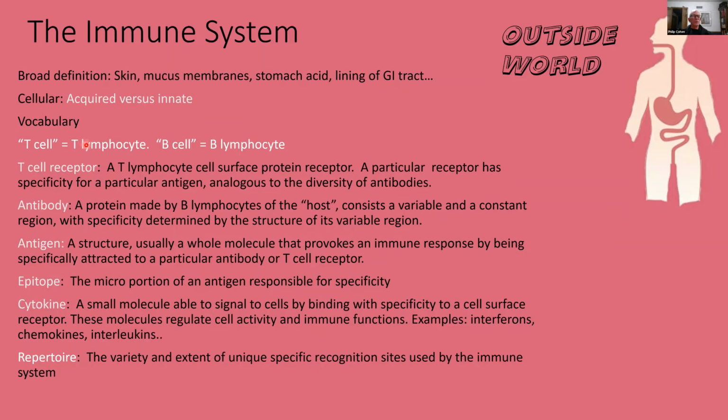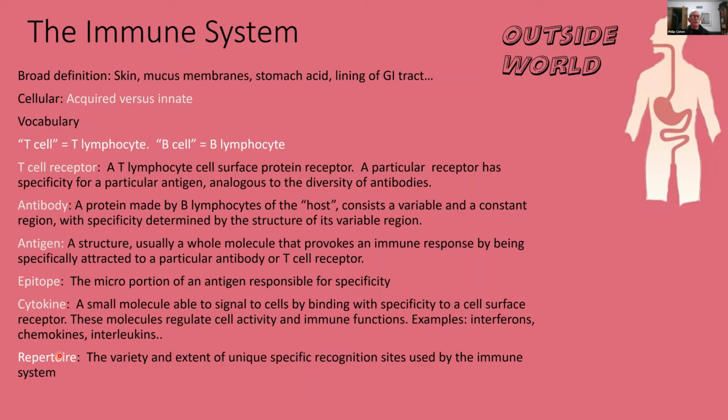One of the white blood cells that I've already mentioned is called a T lymphocyte. Another one's called a B lymphocyte. I may say T cell and B cell, and I mean T lymphocyte or B lymphocyte. The T cells have a specific receptor, as do B cells, and the B cells make antibodies, and their receptor is essentially a copy of the antibody that they make. Antigens we've talked about, epitopes I'm not going to really talk about, cytokines I've talked about.